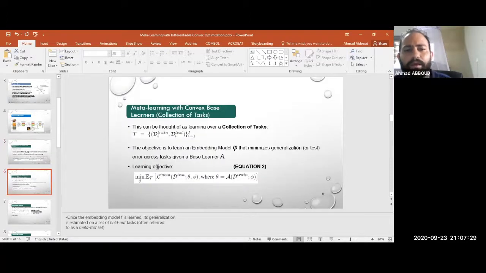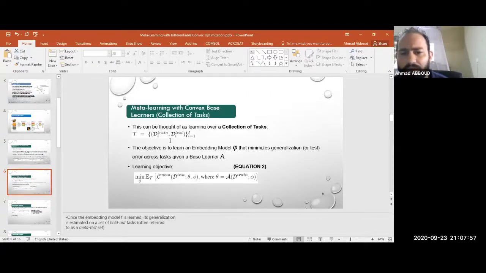And here we are trying to apply it on a collection of tasks, not on one task. So, for example, if we use a collection of tasks, here tasks from 1 to I, and here we denote by T the tasks we have, which take into account as parameters the training dataset and the test dataset.